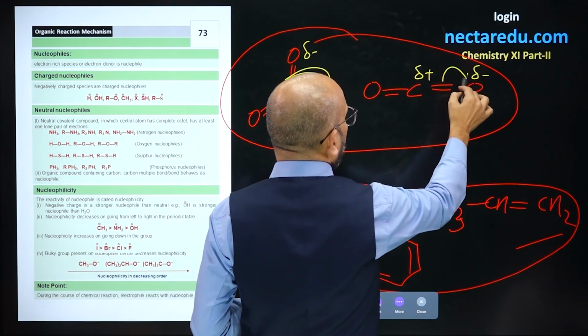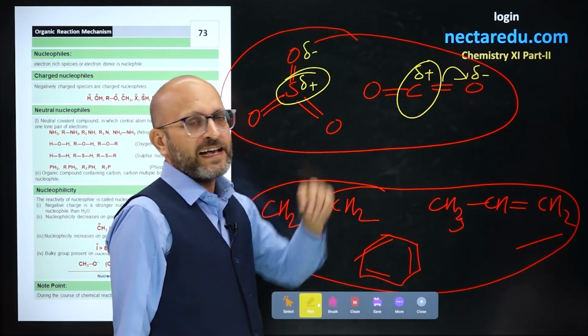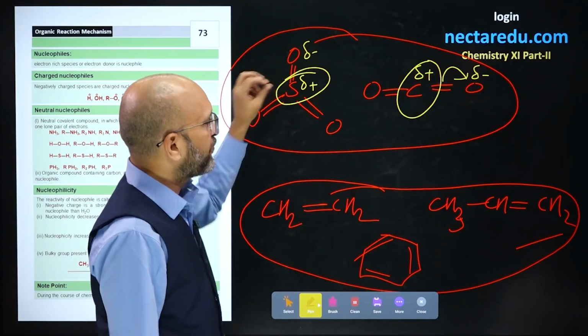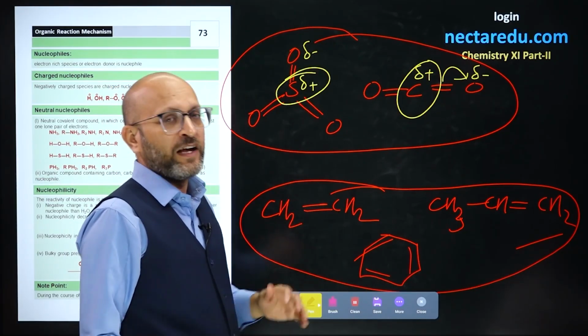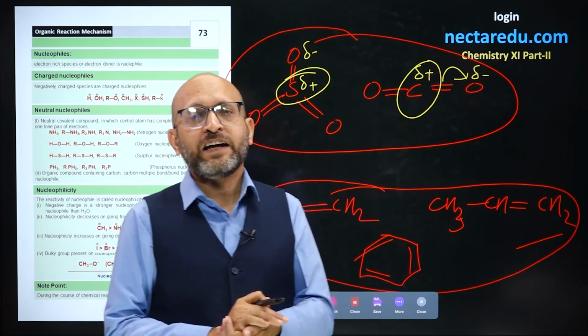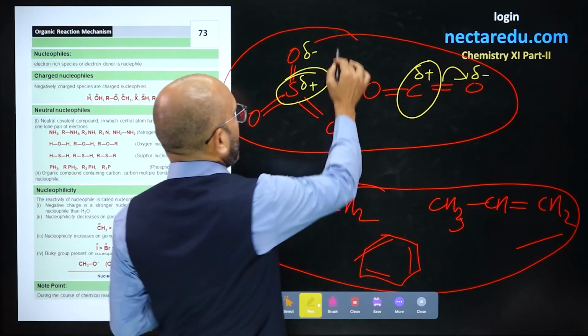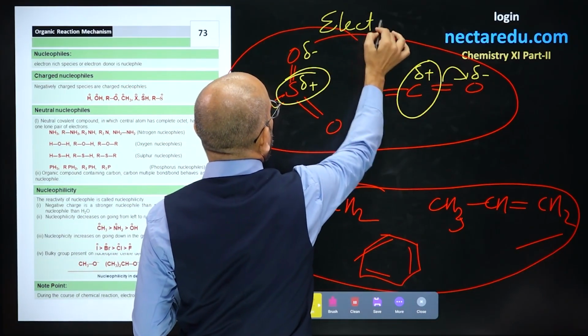So one pi bond will break and this carbon will become a positive carbon and will act as an electrophilic center. Here sulfur will act like an electrophilic center. So any neutral species where a pi bond is present between different atoms will act like an electrophile. And so these two are electrophiles.